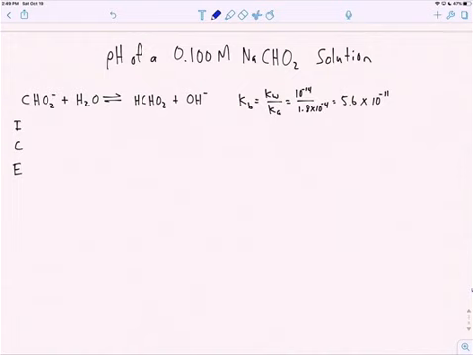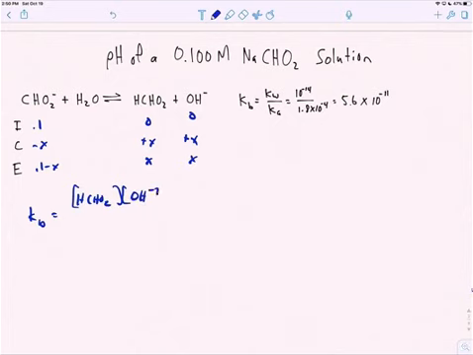So 0.1 molar of this, so it's going to be 0.1, 0, 0, shift right, so minus x, plus x, plus x. So 0.1 minus x, x, and x. And our Kb is going to be HCHO2 times hydroxide.